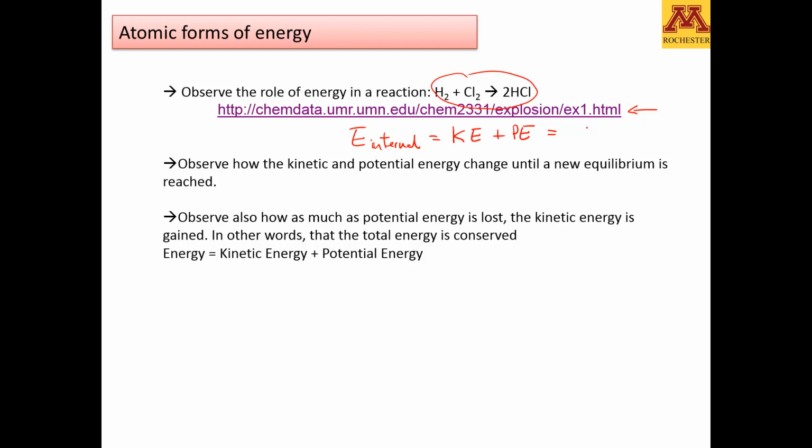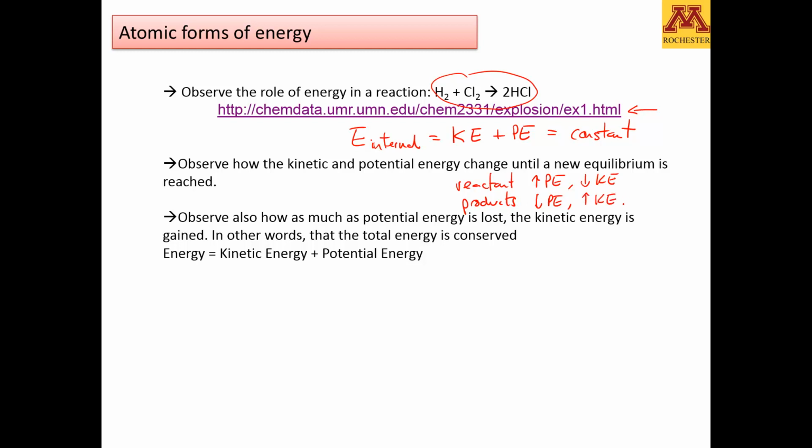And the total internal energy, for a closed system at least, is constant. Notice that in the reaction, in reactants, your system had a lot of potential energy and low kinetic energy, and once it reaches products, the system had decreased in potential energy and increased in kinetic energy.